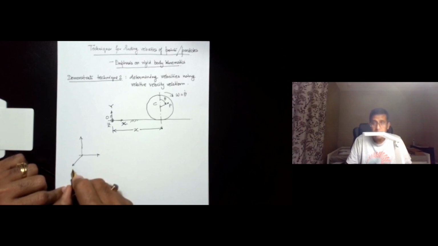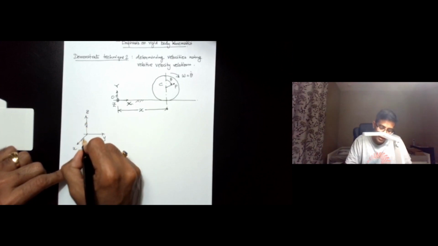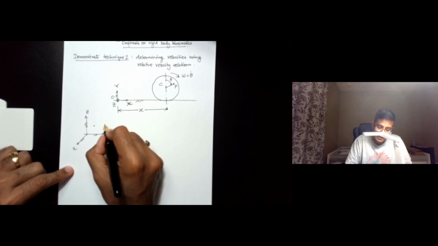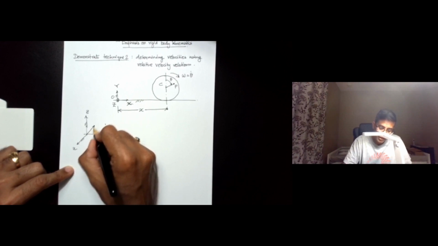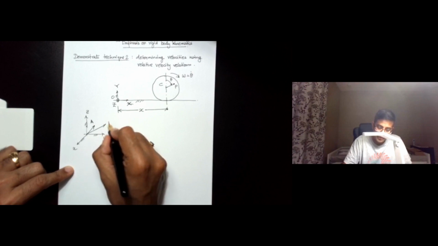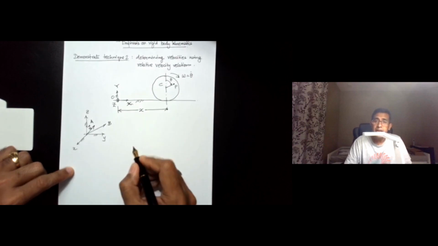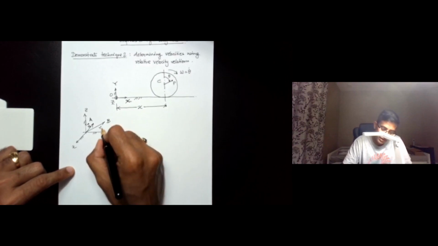And so for instance, let's say this is our x, y, z coordinate frame, and this is a fixed coordinate frame, and let's say that there are 2 points, point A and point B. Let's say that the position of A is RA and position of B is RB.